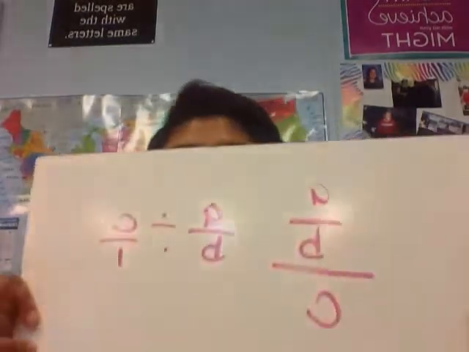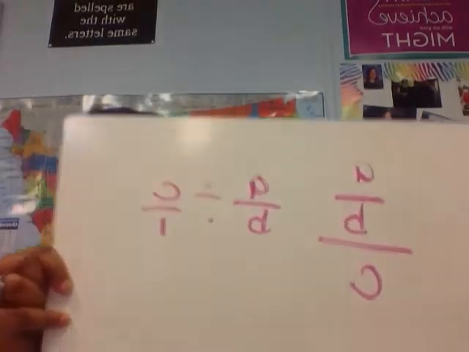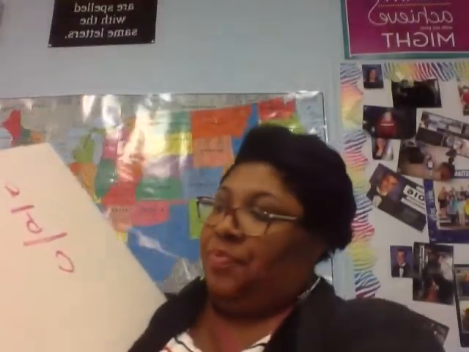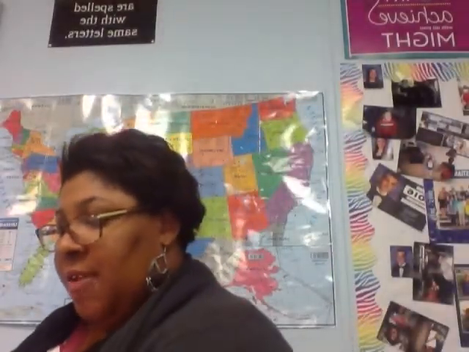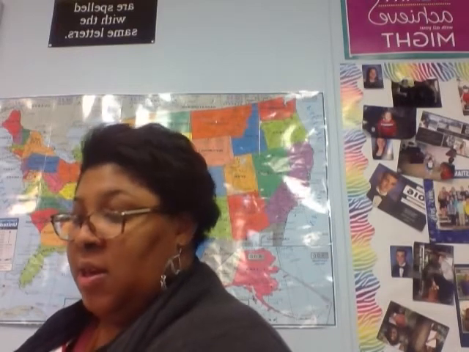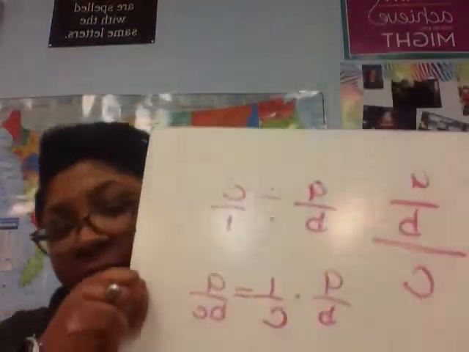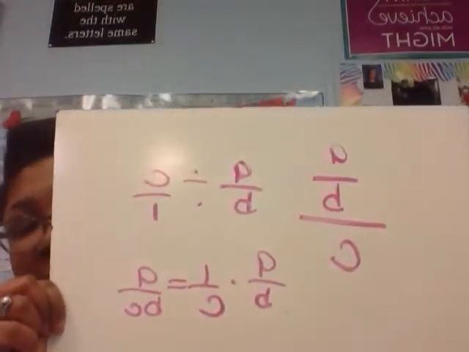Okay, so you see this? So then I have AB times 1 over C, which becomes AB over C. Okay. Do you see how that worked?